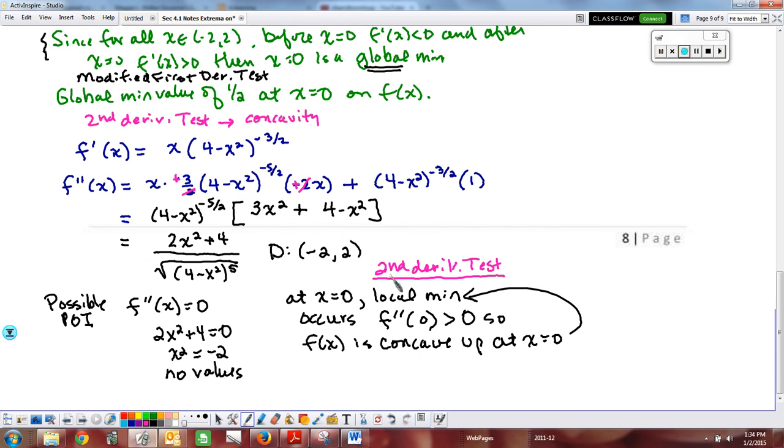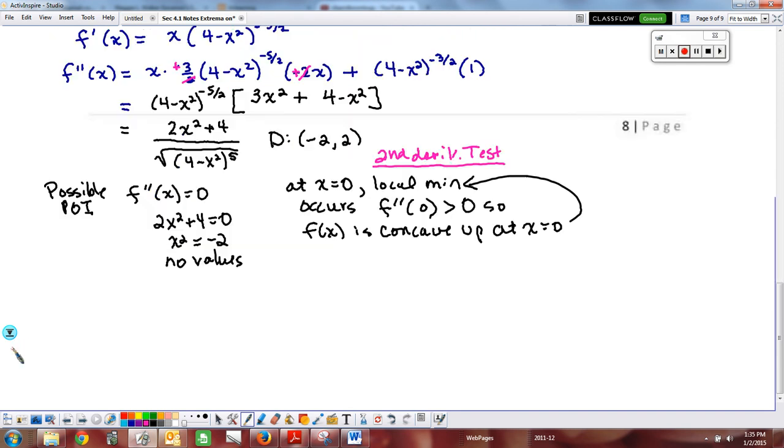And then you look at your second derivative and you plug it in, and if it is a positive second derivative, the graph is concave up, which would mean local min, and if your second derivative is negative, that would mean the original is concave down, which would make it a local max. Now again, this only gets you the local value. It doesn't get you that it's a global value.